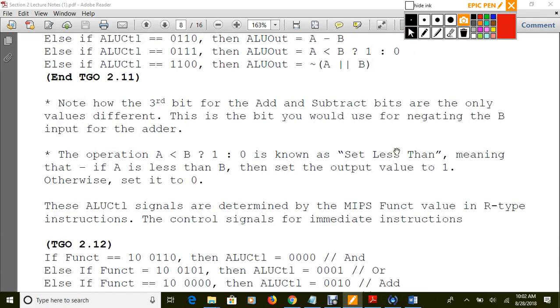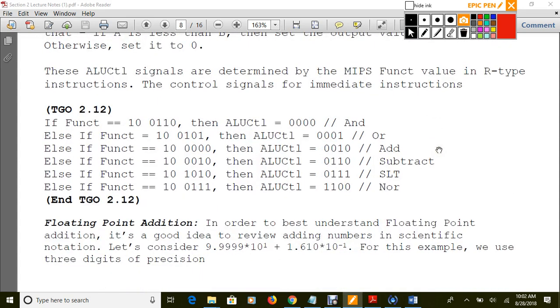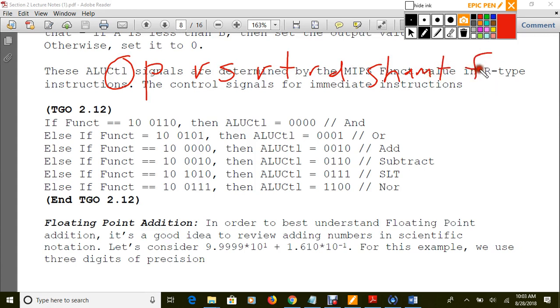So the next topical guide objective is how we actually generate these ALU control signals. If you remember from the very first lecture, I discussed how a 32-bit control signal for an R-type has a 6-bit opcode. I have RS, RT, RD. I have a shift amount. And then I have this 6-bit funct, a function value, right?